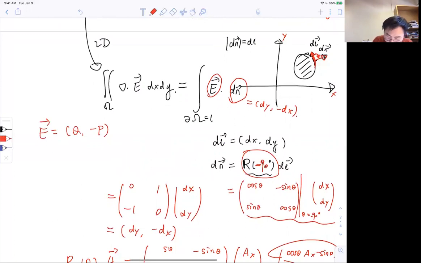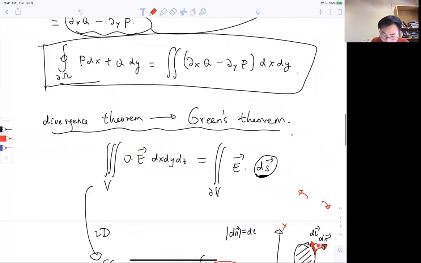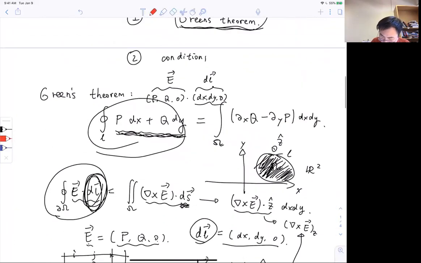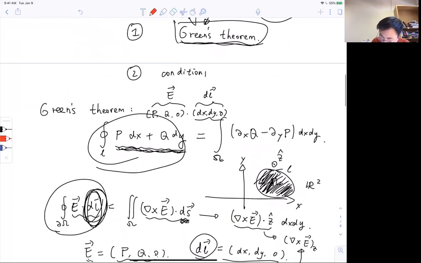The reason why I set E to be (Q, minus P) is because I want this result to match Green's theorem on this part. So the right side is P dx plus Q dy.